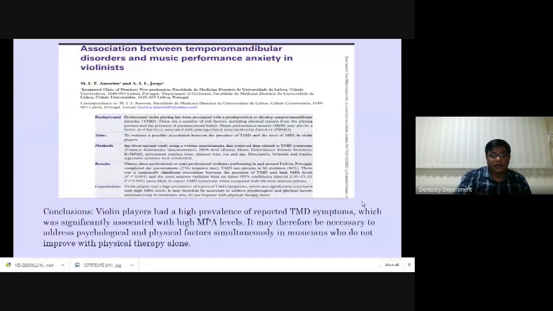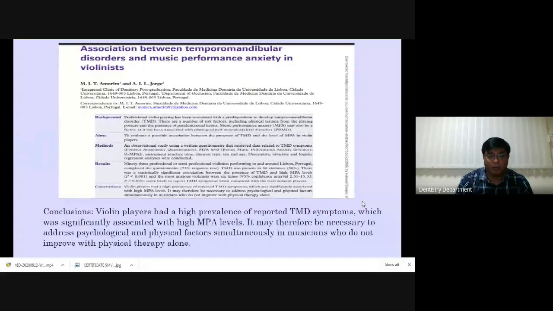This is an interesting study. In this study they found out violinists used to have a lot of TMDs. There is something called music performance anxiety, MPA they call it. They did a study on these music performers and found out that violin players had a high prevalence of reported TMD symptoms, because violin is a very difficult instrument.